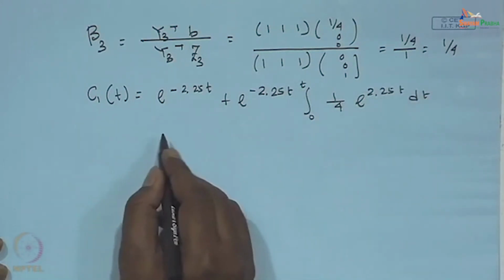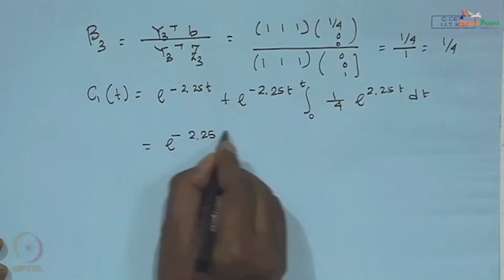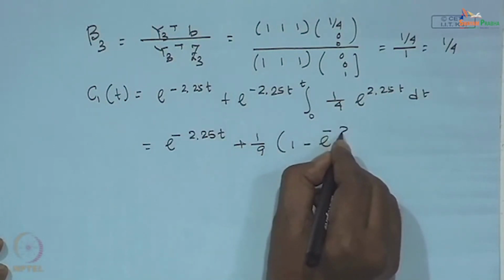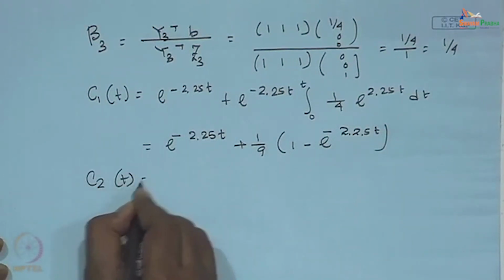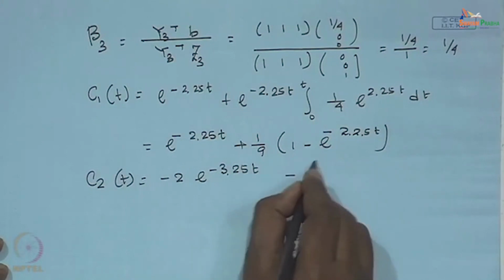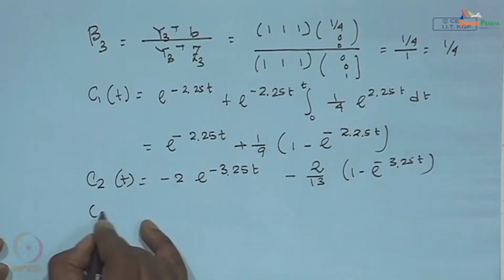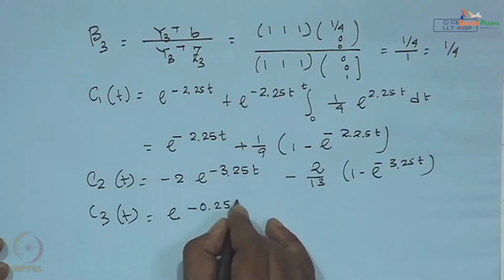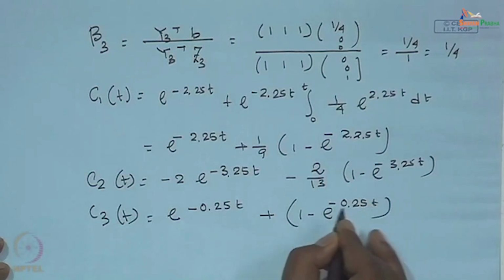So, ultimately, after carrying out the integration, the solution becomes e to the power minus 2.25 t plus 1 by 9 times 1 minus e to the power minus 2.25 t, and you will be getting C 2 t as minus 2 e to the power minus 3.25 t minus 2 by 13 times 1 minus e to the power minus 3.25 t, and C 3 t will be e to the power minus 0.25 t plus 1 minus e to the power minus 0.25 t.